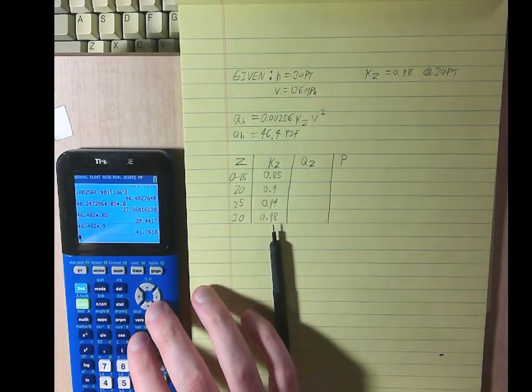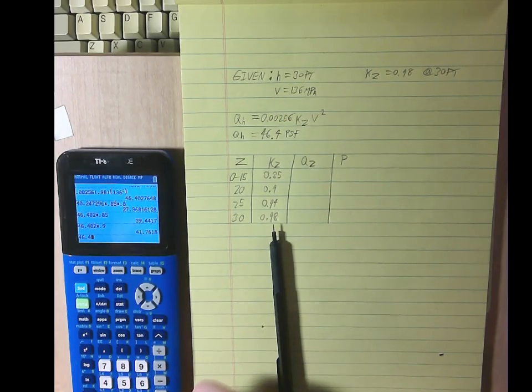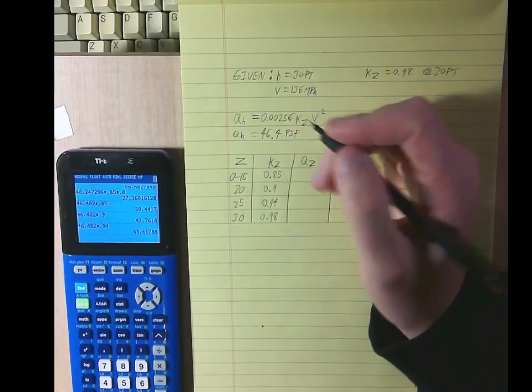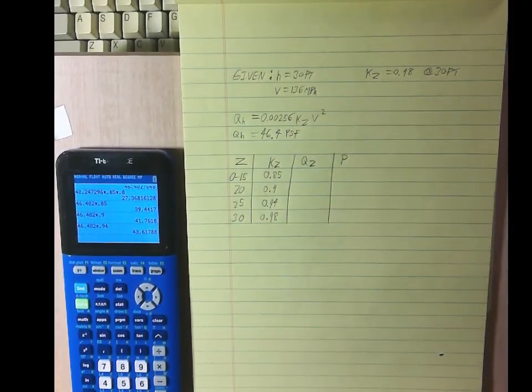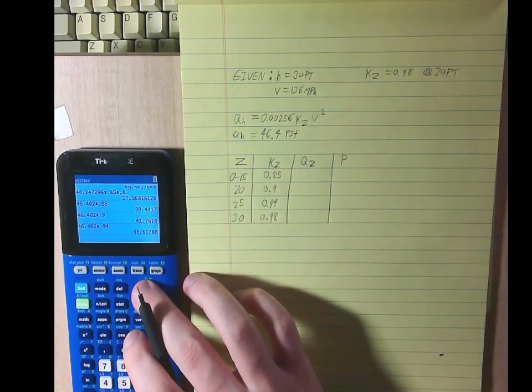Is it that simple? It's that simple. Oh my gosh. So QZ is 46.4 that we got.